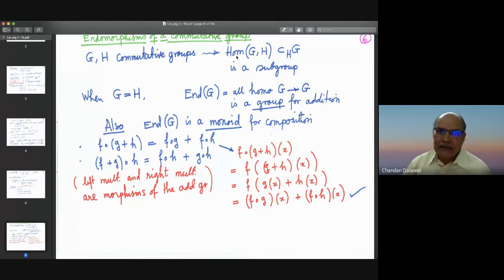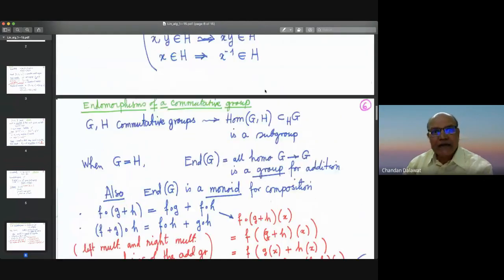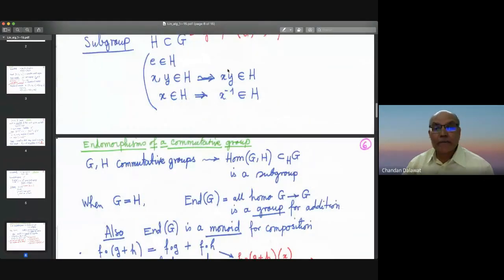And as I said, the set of all mappings from some set to a group is itself a group. So the right-hand side is a group, and the left-hand side can be verified to be a subgroup. That's why I defined the notion of a subgroup here.